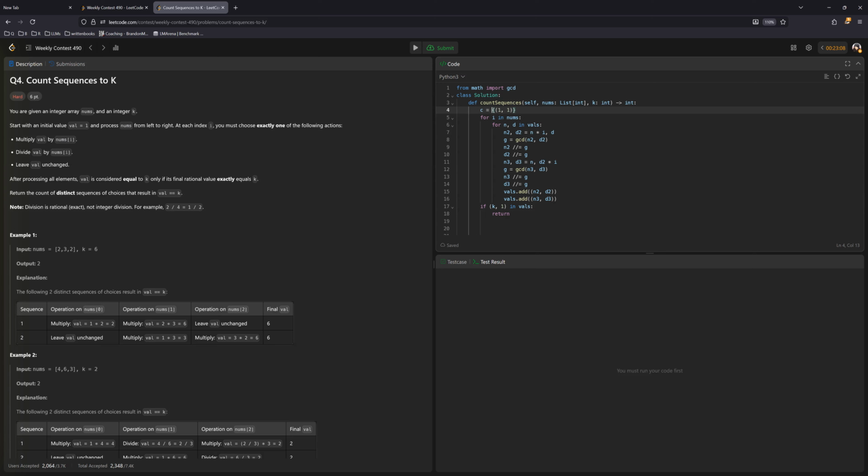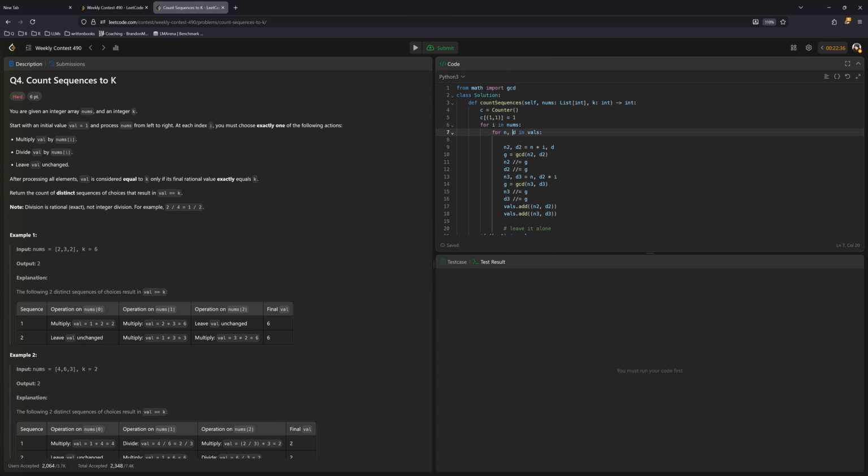C equals Counter. And then C of 1 comma 1 equals 1, right? Okay, so 3 choices. Leave it alone. That should come last.